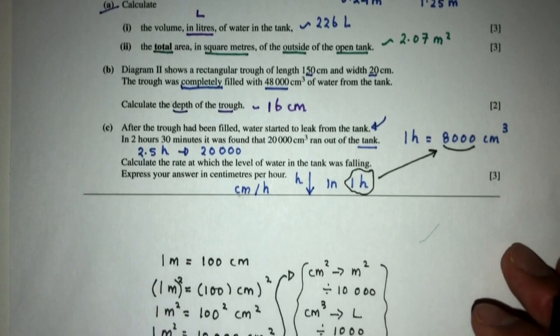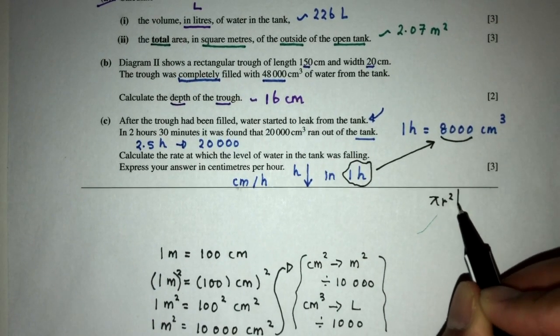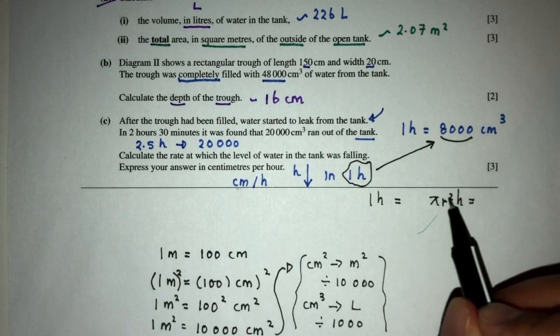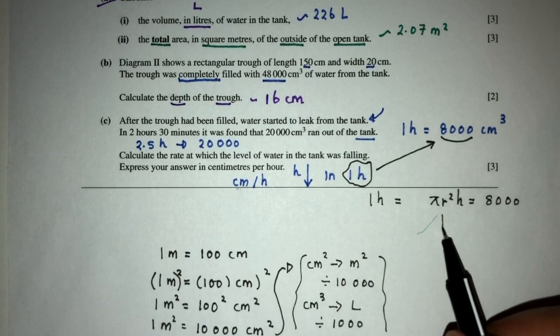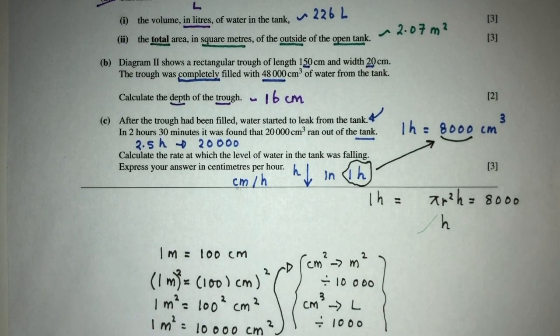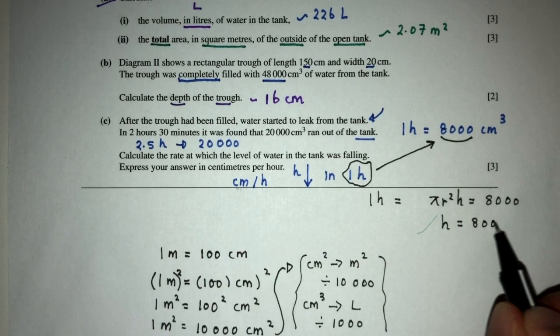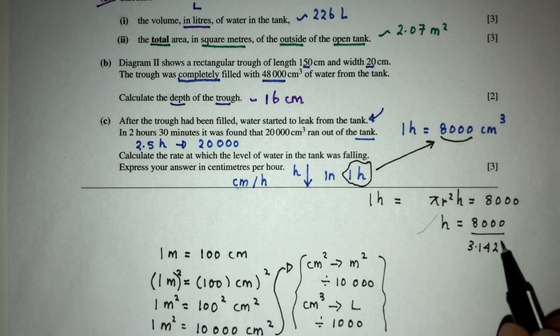What is the volume of a cylinder? It is pi r squared h. So in 1 hour you're losing that much volume, which is 8,000. So h, which is the height we're trying to find, will be 8,000 divided by pi, which is 3.142, multiplied by the value of r squared.